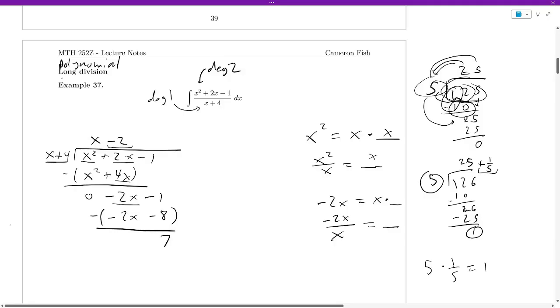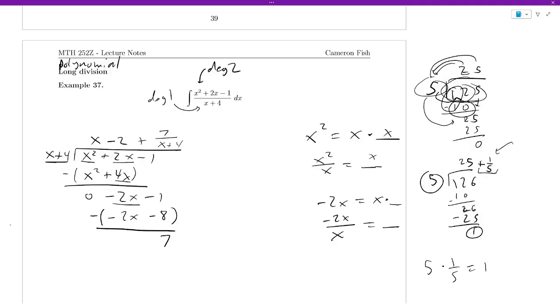But just like we ended up with an extra fraction at the end earlier, we're going to have that here. We're going to have plus the thing that remains, 7, that's like the remainder, but divided by x plus 4. So I tried to divide the x plus 4 into everything. It's like I was able to divide it into the first stuff, but then it didn't go in cleanly, and there's this fraction left over, this remainder.